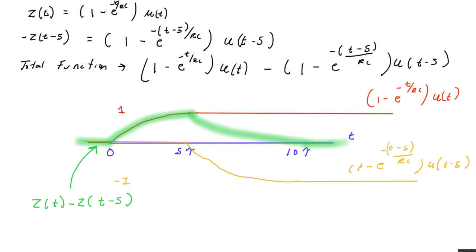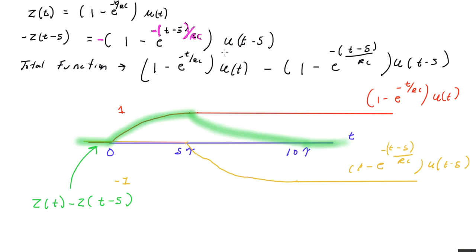So let's now do the plot. Again, I've called that initial convolution z of t, and I've written that down here. And then what's scaled and delayed: minus z, delayed by 5. Important to put the minus sign here, t minus 5, divided by the RC.